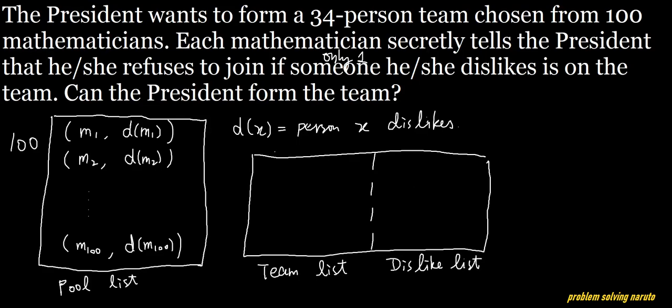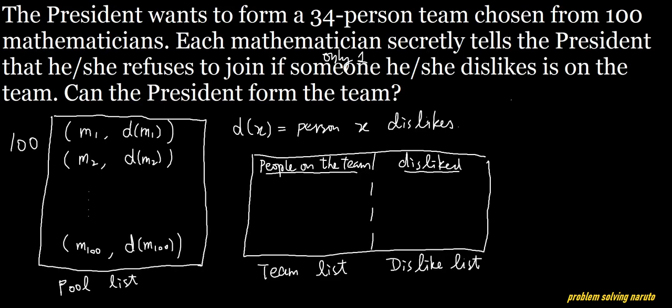The team list means the actual people on the team. The dislike list is the list of people disliked by the people on the team. Let's just call them the disliked. So let's try to construct the solution. That means I will be moving these pairs to here.